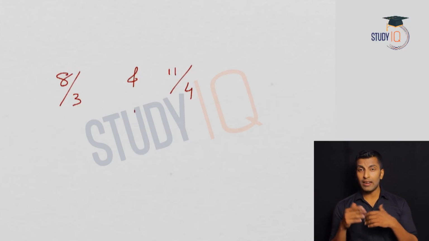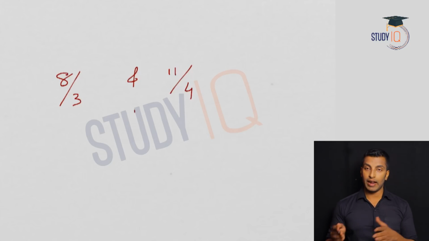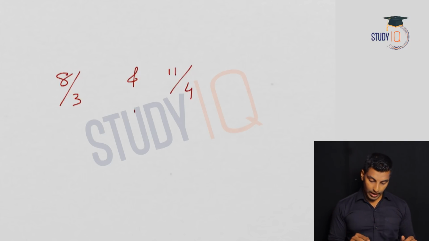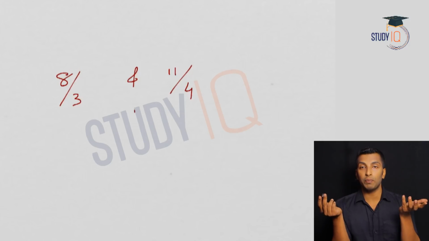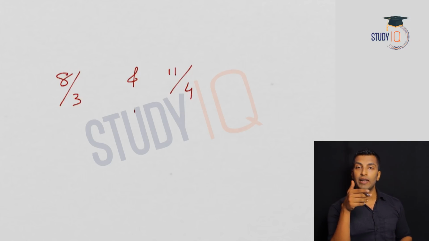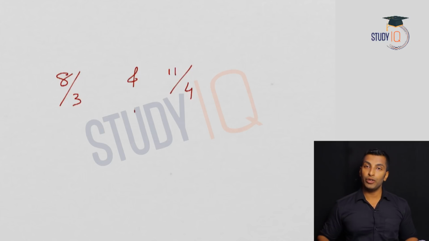If you can convert this into percentage, it's fine. Just multiply by 100 here and here, and then you will get the percentage equivalent, so that you can understand. But without doing that, see, when you are converting into percentage, effectively what you are doing is converting the denominator in both cases to 100. There also you are making it a common denominator, right?